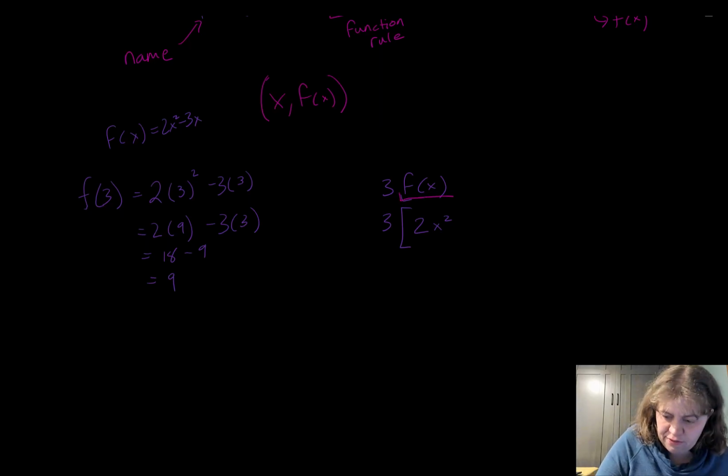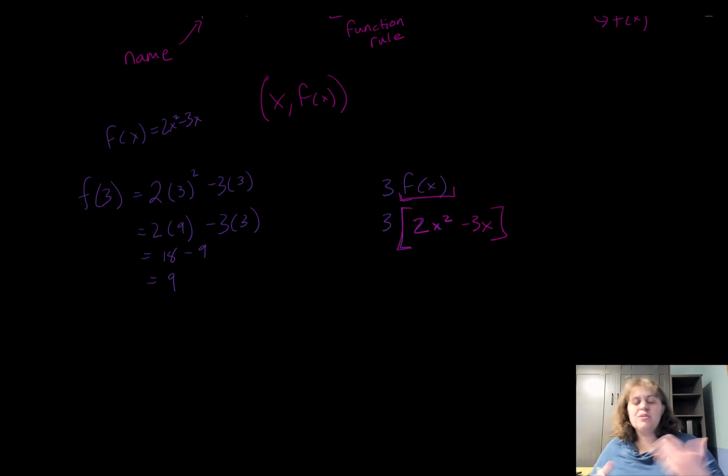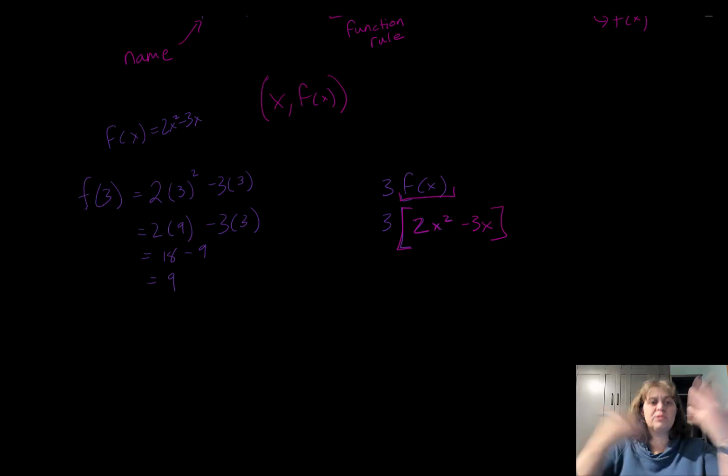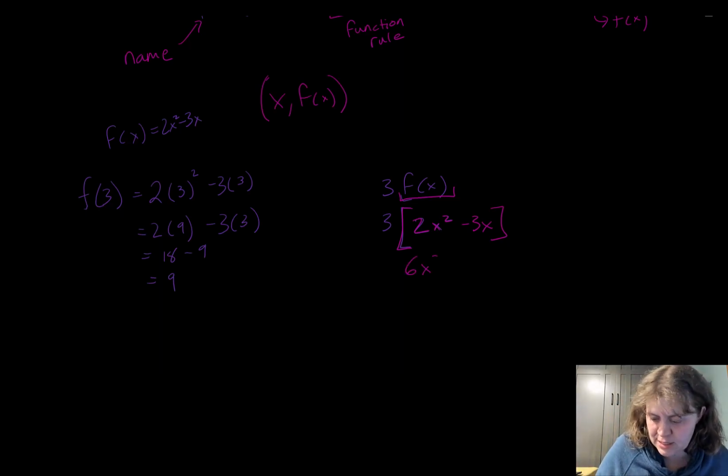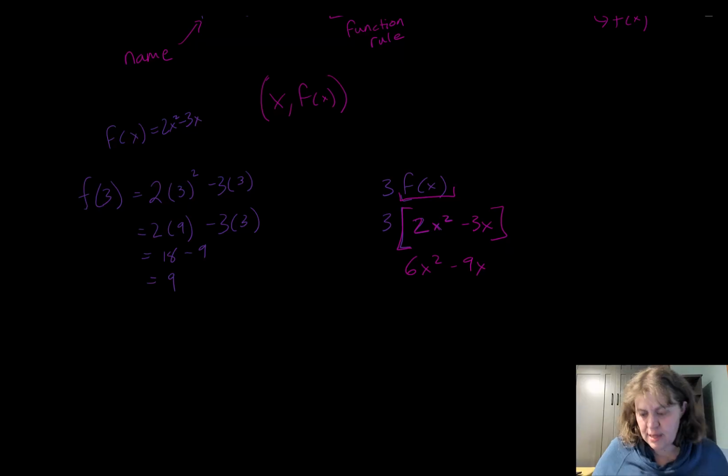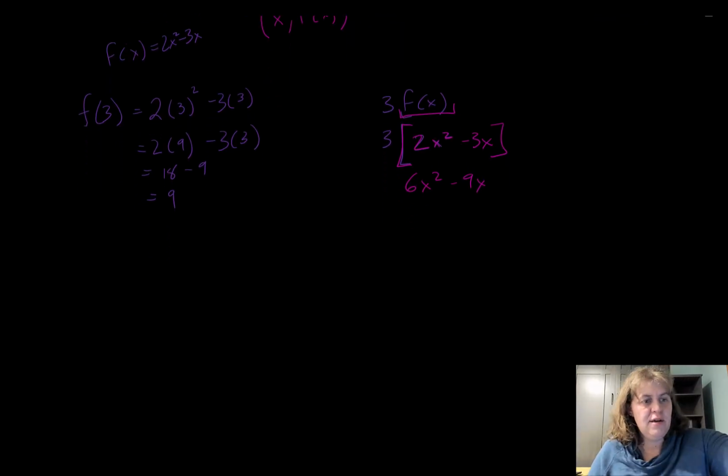This right here, this f of x, we're going to rewrite that 2x squared minus 3x. And we're going to put that whole thing in its own set of parentheses. Because we need to remember that when I'm taking this function, I'm multiplying it by 3, so I need to multiply everything that's in there. So that's going to give me 6x squared minus 9x, and that's 3 times f of x. Okay, so not too bad, not too bad.